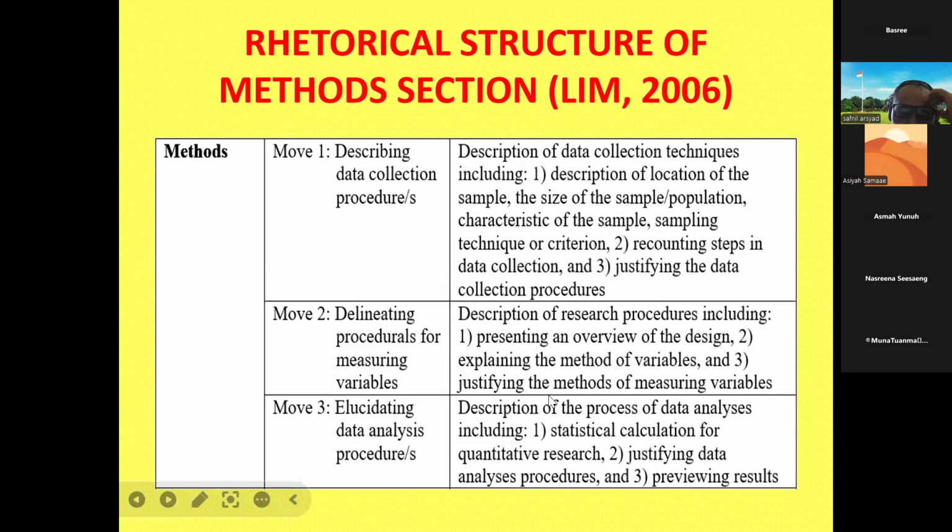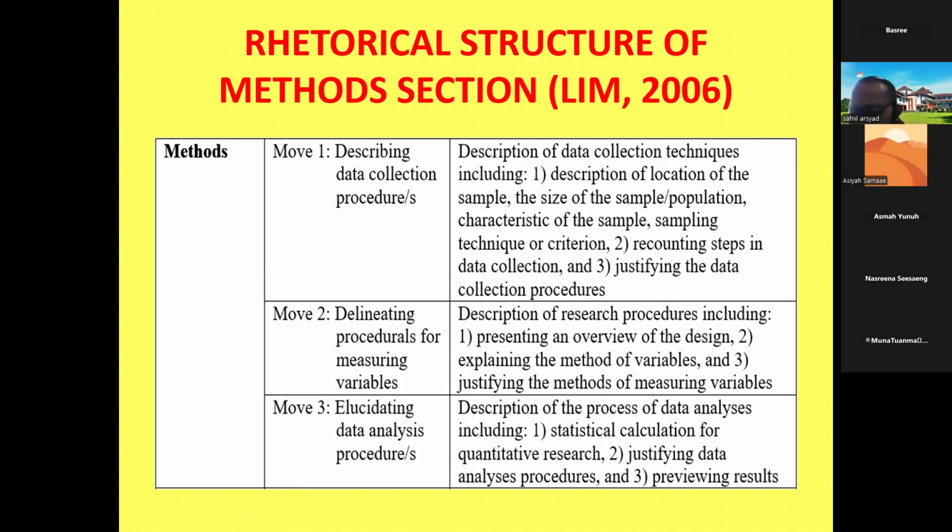And number 3, justifying the method of measuring variable. So number 3 is similar to move 1, the step 3 of move 1, justifying. Justifying means explaining or supporting the choice of your data analysis procedure, usually using reference. We have to support.